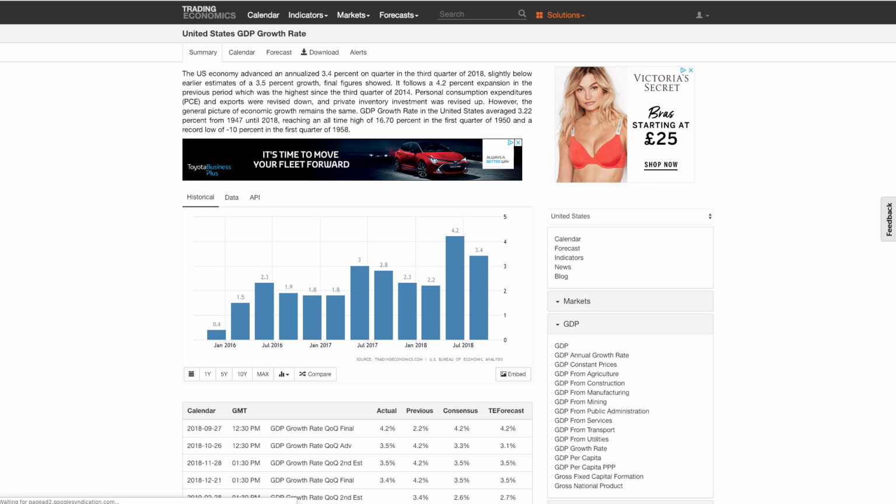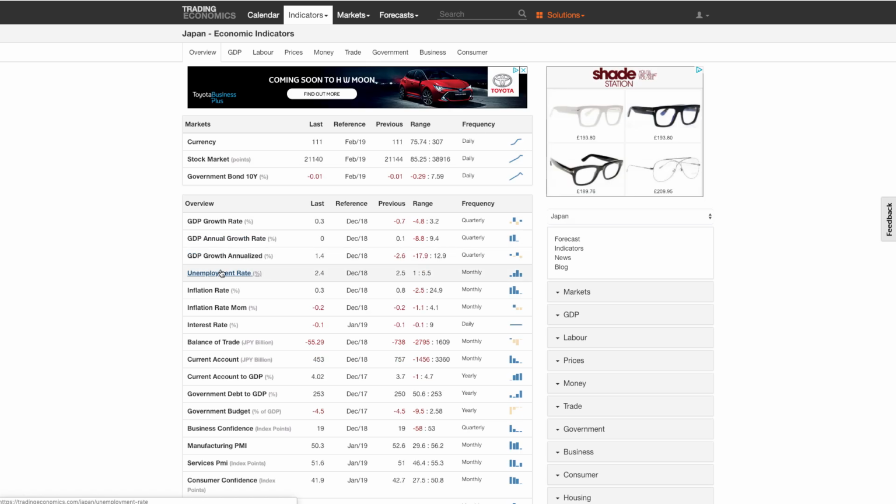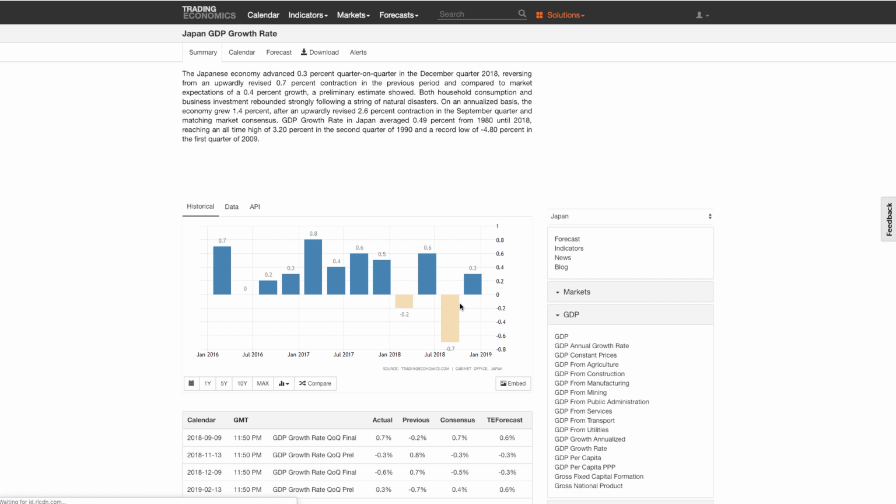Now, let's compare that with the Japanese yen. Look at the GDP growth rate, 0.3. And up until yesterday, they were actually in negative GDP growth rate, 0.7.